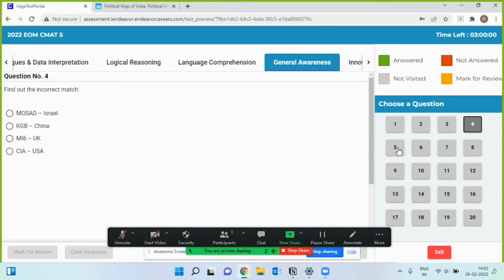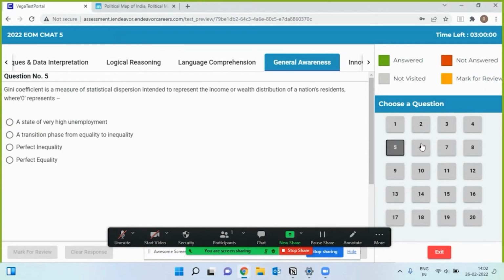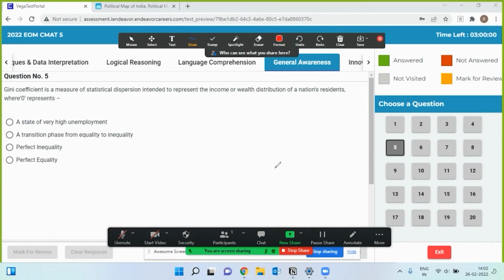Moving on to question number 5. Question number 5 is about Gini coefficient. Gini coefficient is a measure of statistical dispersion intended to represent the income or wealth distribution. Now, let me tell you briefly, Gini coefficient is an index which was developed by Italian statistician Corrado Gini.